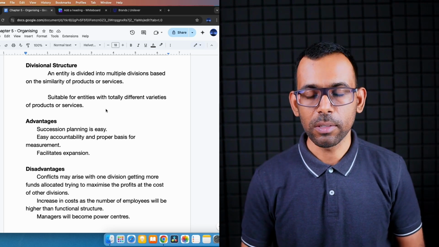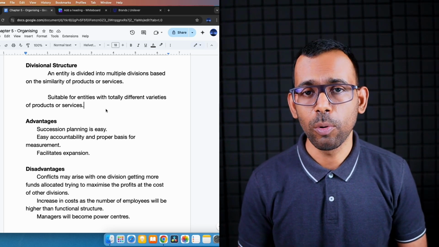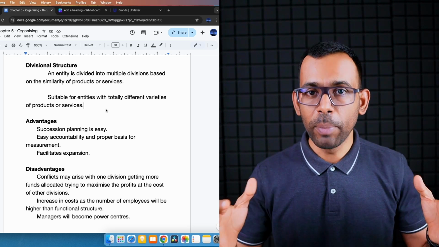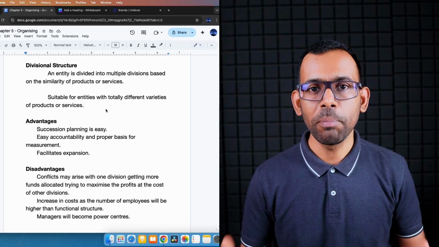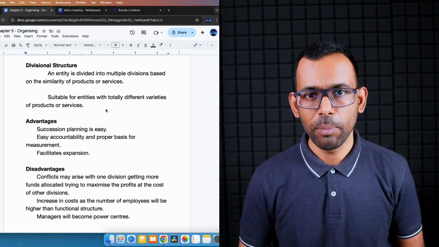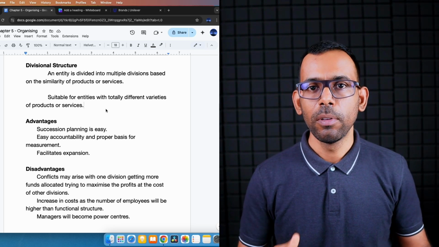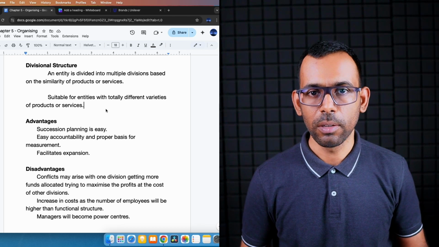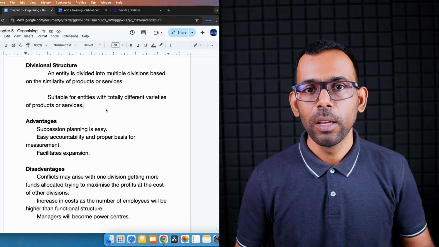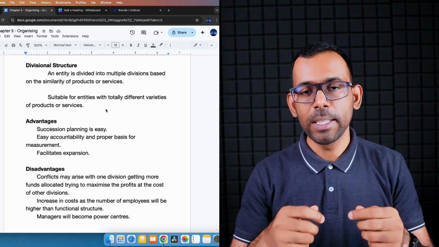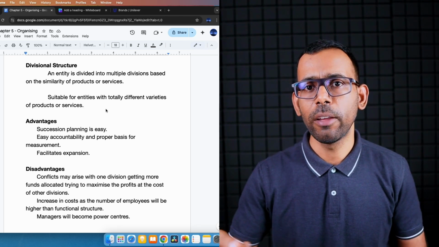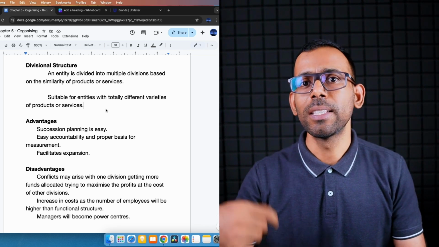What about services? There are a lot of chartered accountant firms where they provide a variety of services. A big chartered accountant firm, you take any of the Big Four firms like PwC, Ernst & Young, Deloitte and KPMG, every firm follows this divisional structure. They call them a strategic business unit, which means the entire firm is divided into micro SBUs or divisions based on the services they provide.